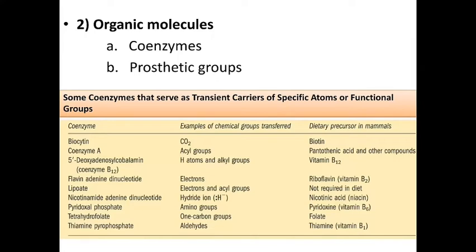Coenzymes serve as transient carriers of specific atoms or functional groups, and they take part in enzymatic reactions, such as biocytin taking part in transportation of CO2, coenzyme A helping in transportation of acyl groups, flavin adenine dinucleotide helping in transportation of electrons, pyridoxal phosphate helping in transportation of amino groups, tetrahydrofolate helping in transportation of one carbon groups, and thiamine pyrophosphate helping in transportation of aldehyde groups.